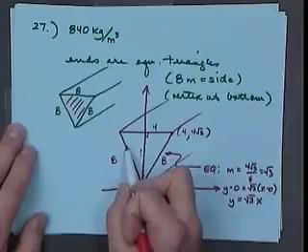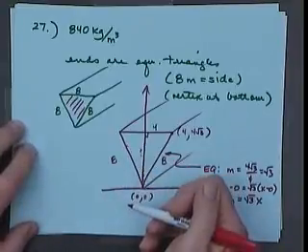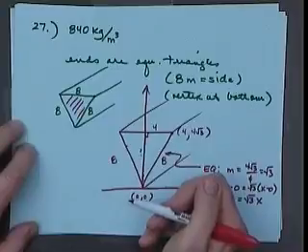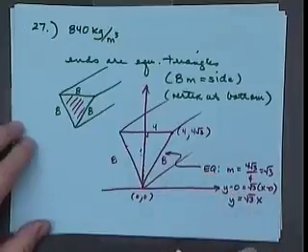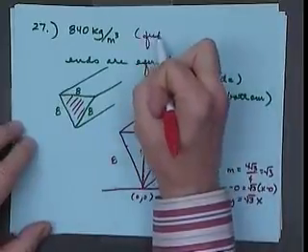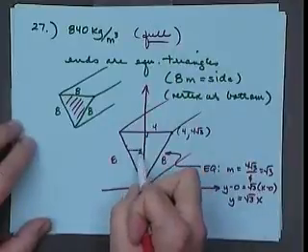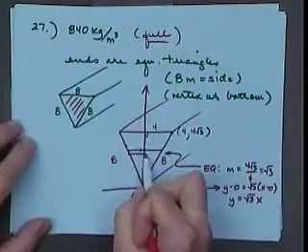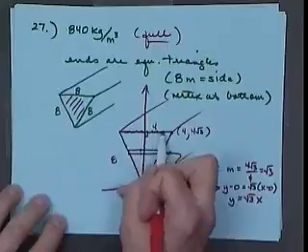So don't we need our little, did it say it was full? Filled with a liquid of density 840 kilograms per cubic meter. Okay, so it is full. So we need our little horizontal strip parallel to the surface.